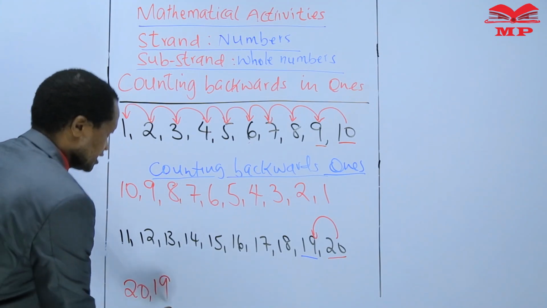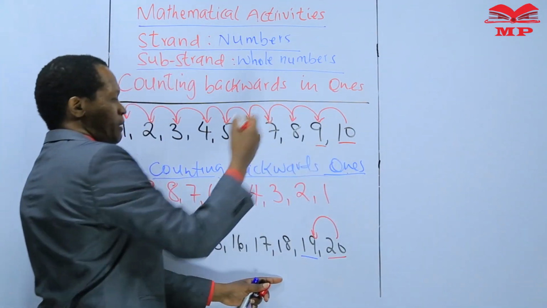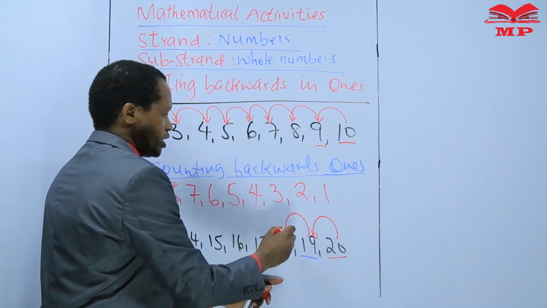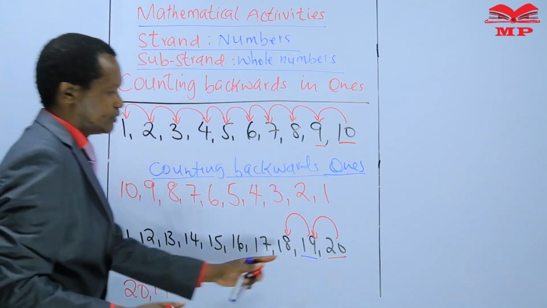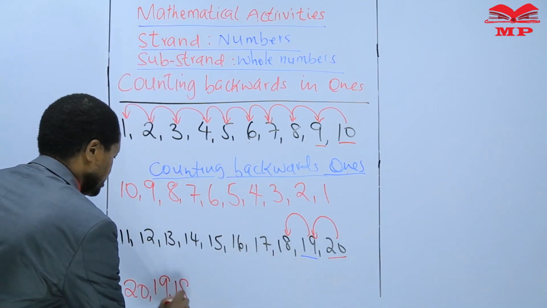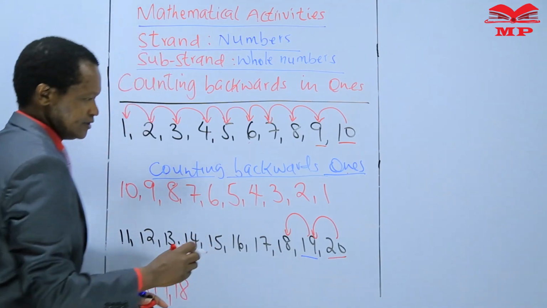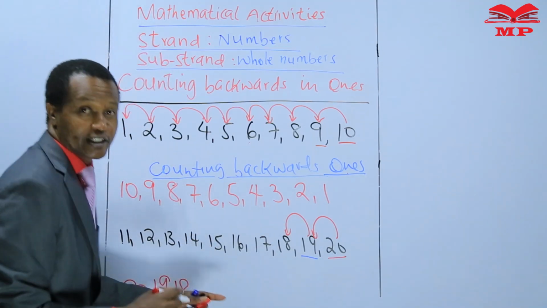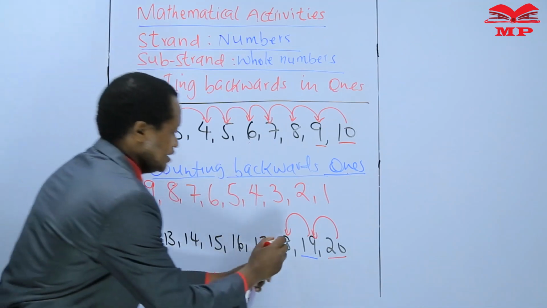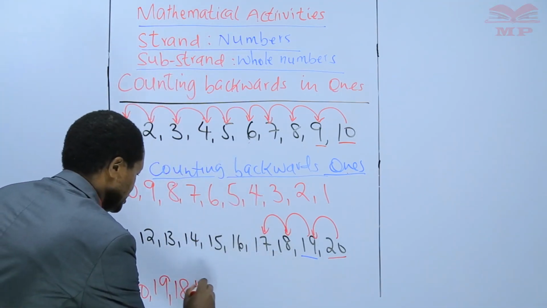Are you understanding, learners? Then we take another step back. One step backwards. So we move one step backwards from 19 to 18. So we write 18. Then let us continue from 18 to 17. So we write here 17.